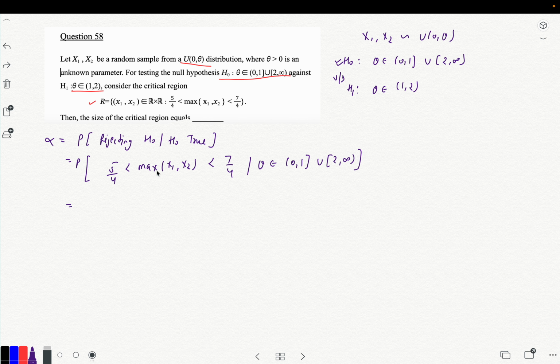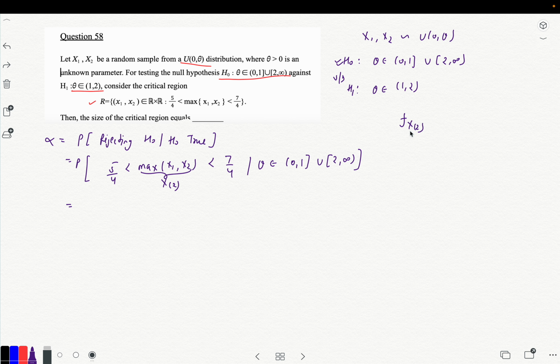Now see what the maximum of X1, X2 is. Basically this is X(2). So firstly, let's see what the PDF of this X(2) is.